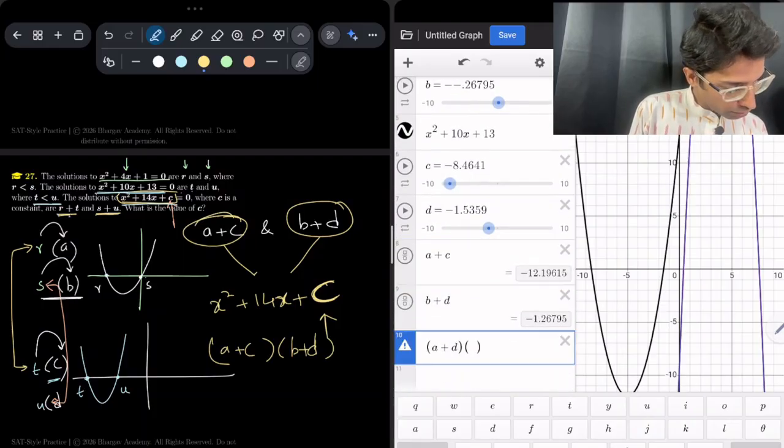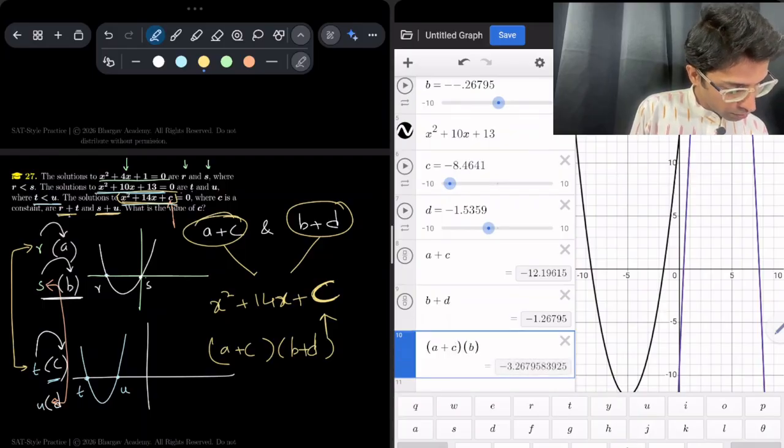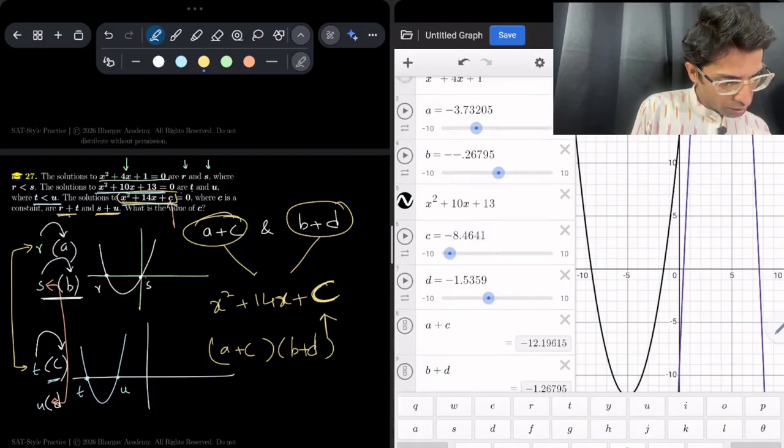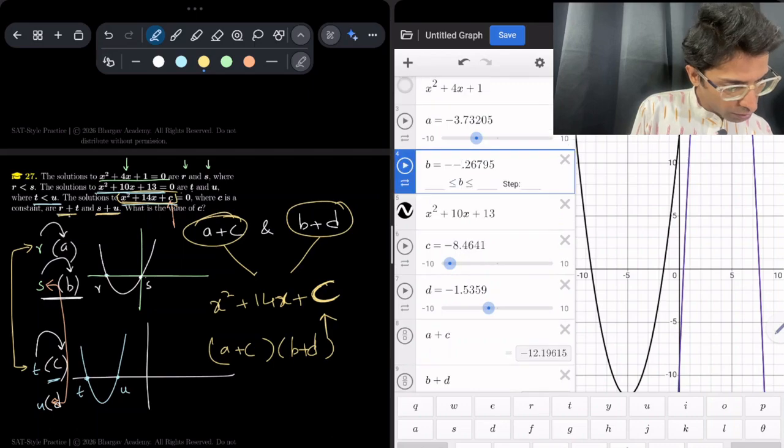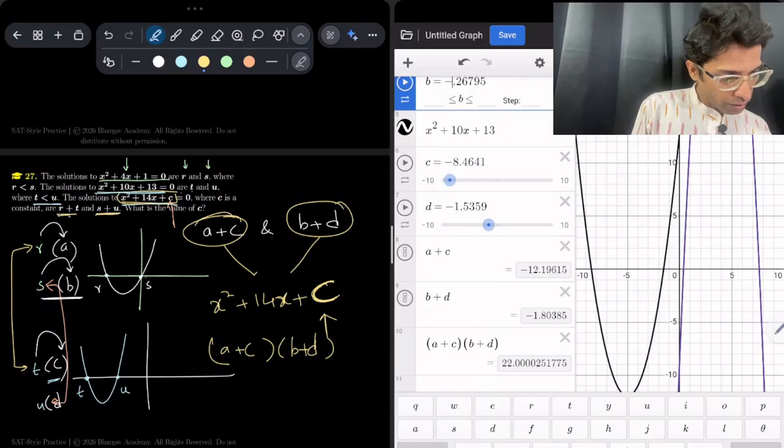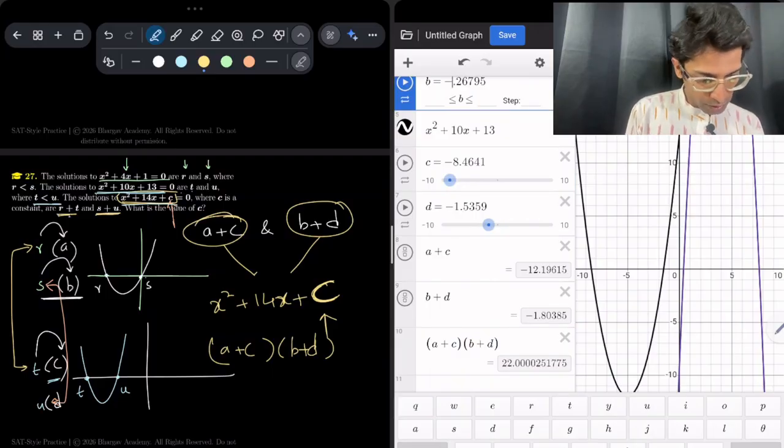A plus c into b plus d. Okay, here I have done 2 negative. That's the reason why things got messed up. Yes. So a plus c into b plus d comes out to be 22. So that is the answer of c, 22.